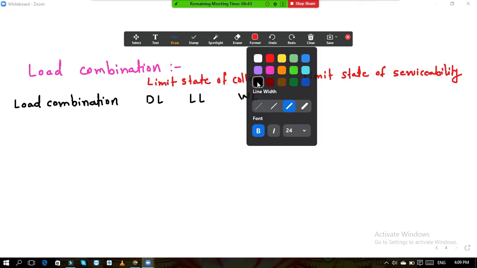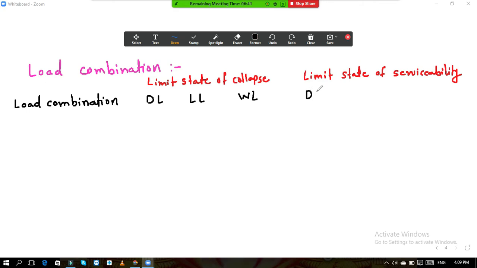Again, we will divide it into three columns: dead load, live load, and wind load.